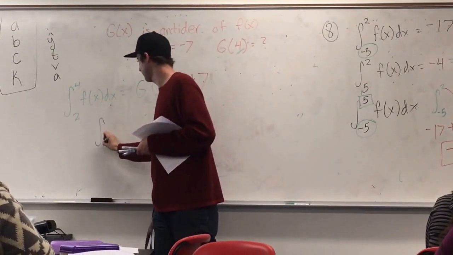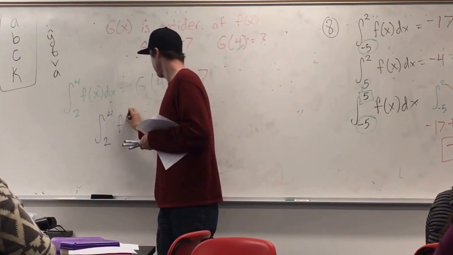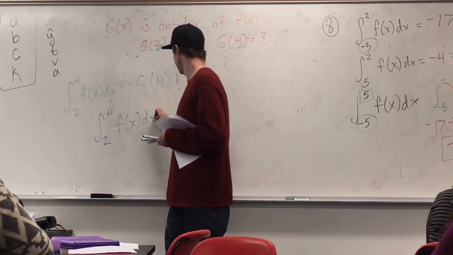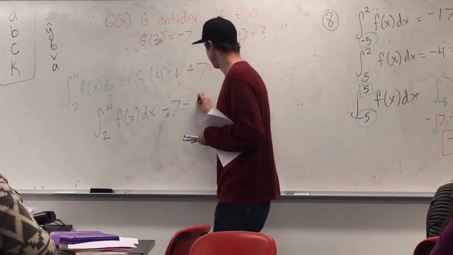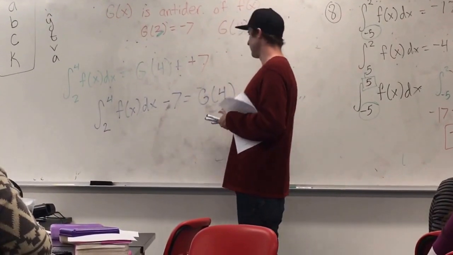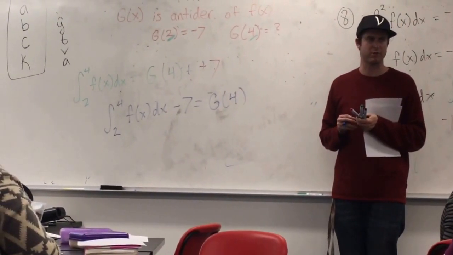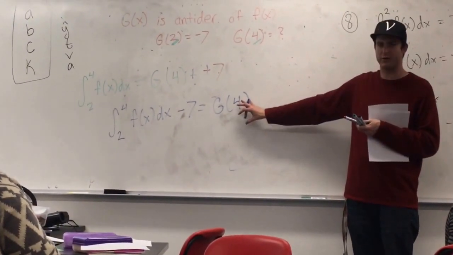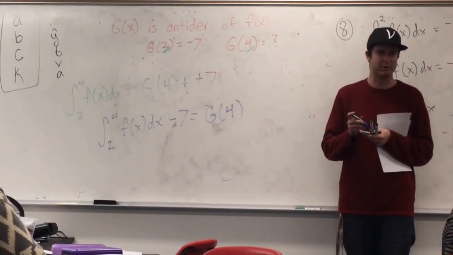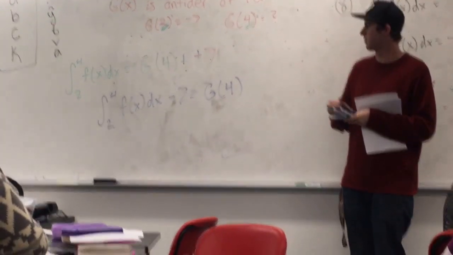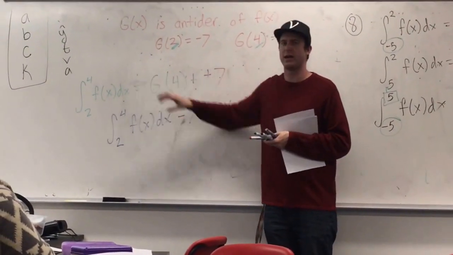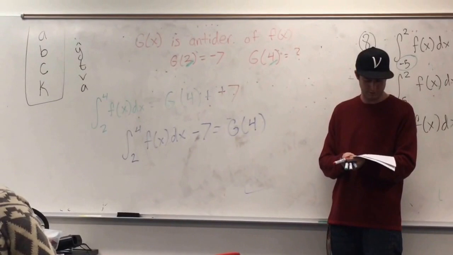So I get the integral from 2 to 4 of f of x dx minus 7 equals g of 4. I just did this without even looking at the answer choices. On an AP test, I wouldn't recommend doing that; I'd actually look at the choices. But it's just something to have in your head, that first fundamental theorem of calculus.